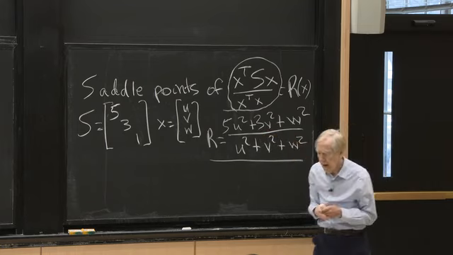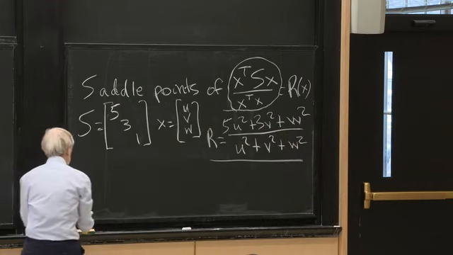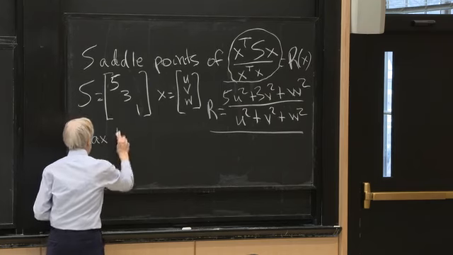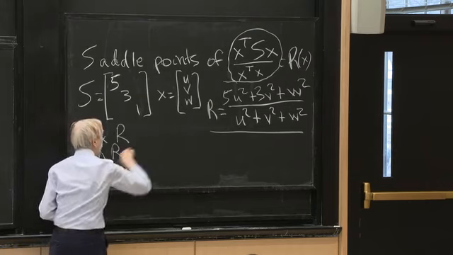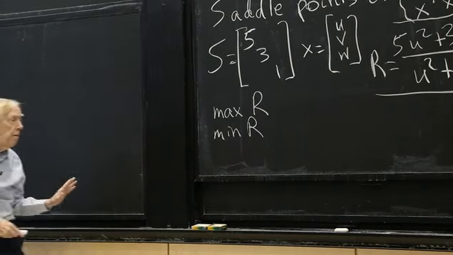So what are the main facts that I'm not going to prove? What's the maximum value of R? What's the minimum value of R, of that function? And is there a saddle point?